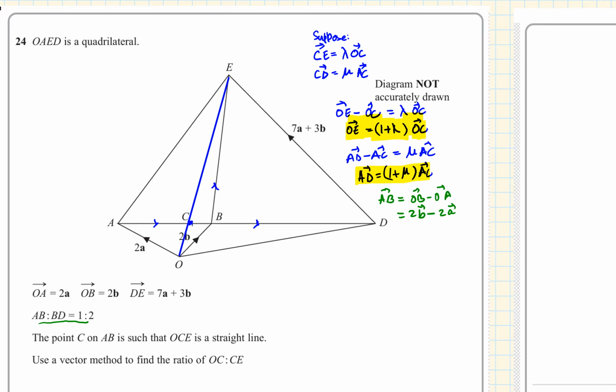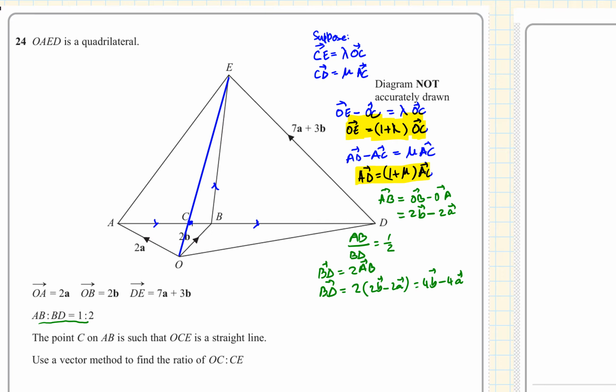And then AB is to BD, so AB over BD is 1/2. Therefore, BD is equal to twice AB. Writing it as a vector, it would be the same. So we can now find BD is twice of 2b minus 2a, that is 4b minus 4a. So that's BD.